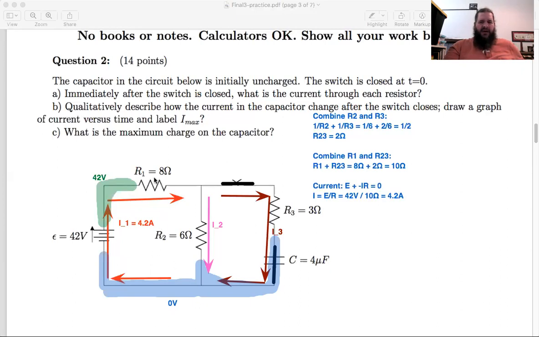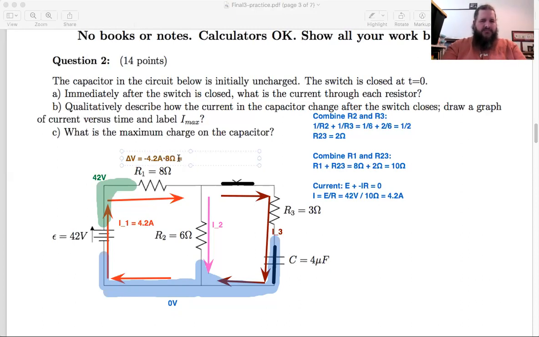Also, the resistor here, we know its resistance and its current. So what can you do with those values? Calculate voltage? Yeah, or rather delta voltage. We can figure out how much the voltage changes across that resistor. Current times resistance is negative 4.2 amps times 8 ohms.